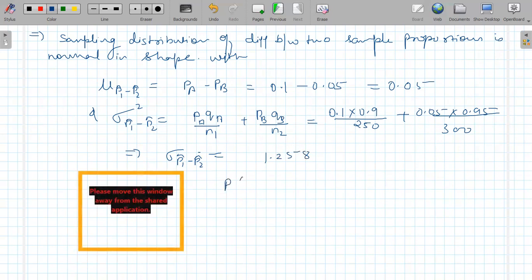We are asked the probability that P1 cap minus P2 cap will be less than or equal to 0.02.